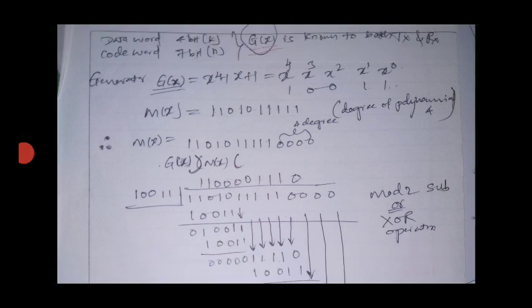Next we have m of x. M of x means your message, what you are transmitting. What is your message? 1, 1, 0, 1, 0, 1, 1, 1, 1, 1. And here the degree of the generator polynomial is 4.